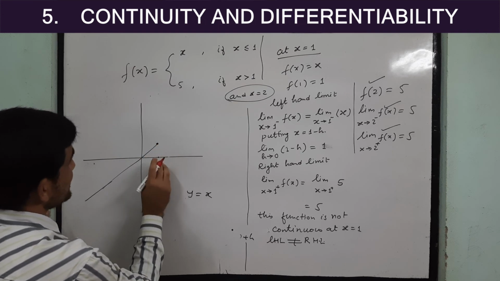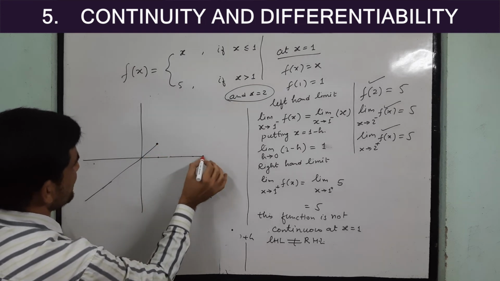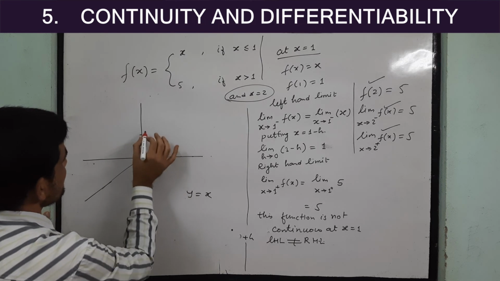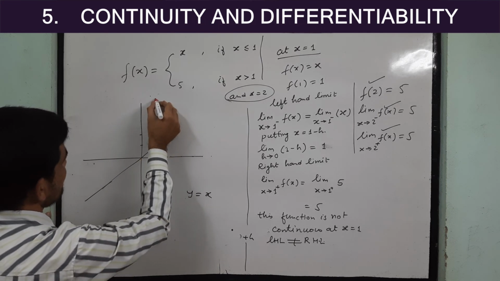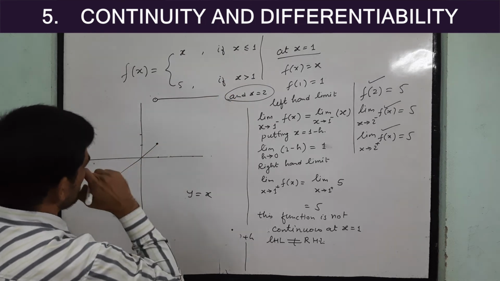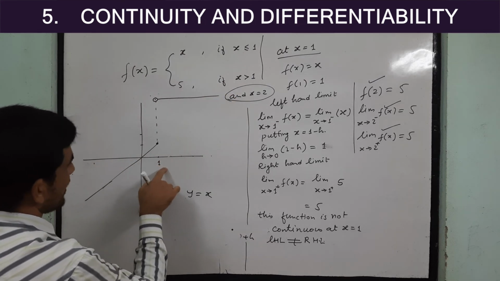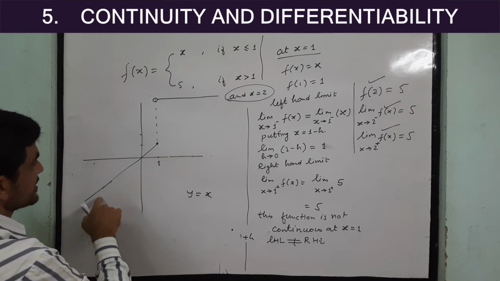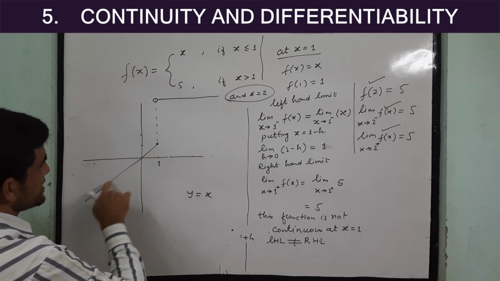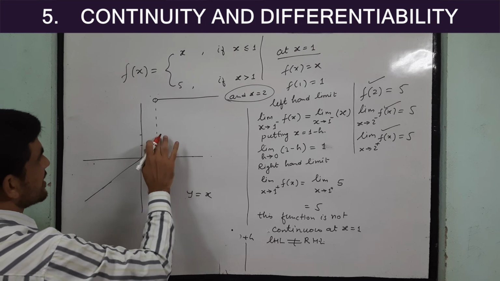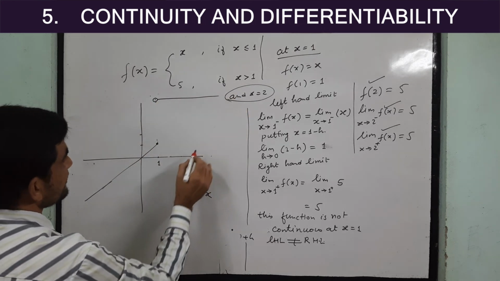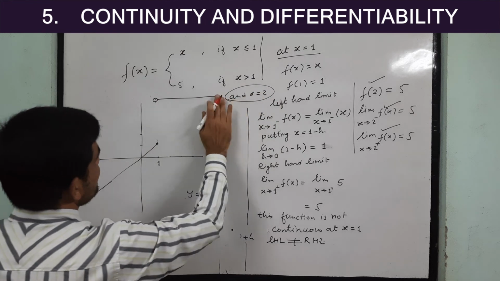But when the value is greater than 1, means 2, 3, 4, 5, 6, it is changing. It is now a constant function, so there is a jump at x equal to 1. Up to x equal to 1, f(x) equal to x only, but after this the graph is like this. This is 5. After this it is constant.